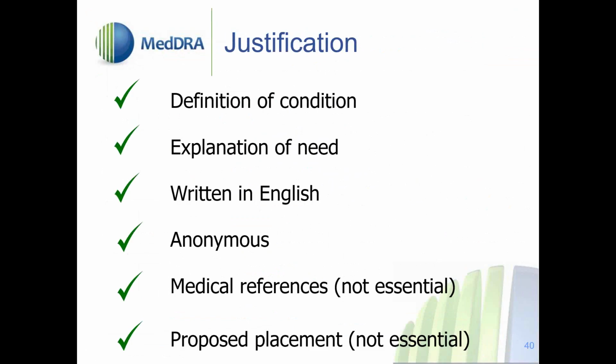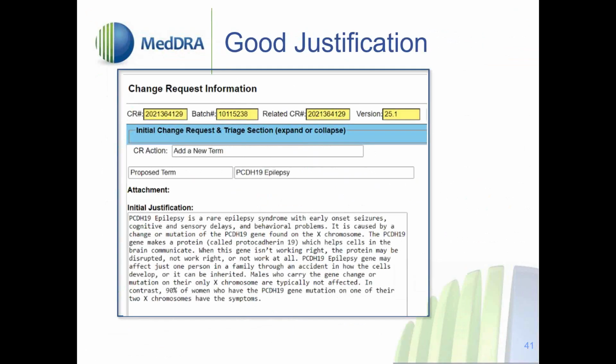And as Eva said, you can just say add a term, and then you're less likely to be wrong. Here's an example of a good justification. The submitter was asking for PCDH19 epilepsy, and they explain that it's a rare epilepsy syndrome with early onset seizures, cognitive and sensory delays, and behavioural problems.